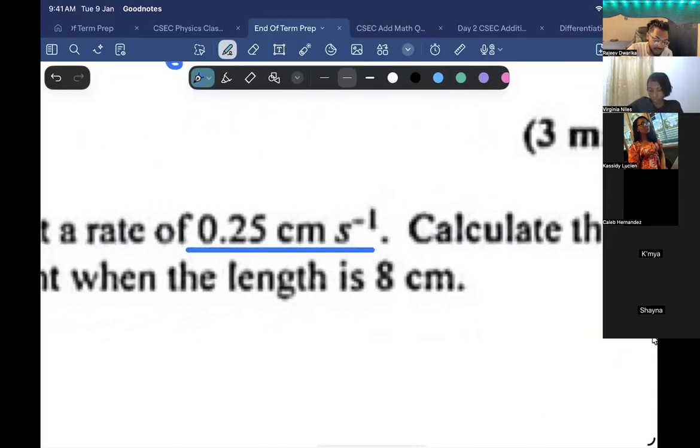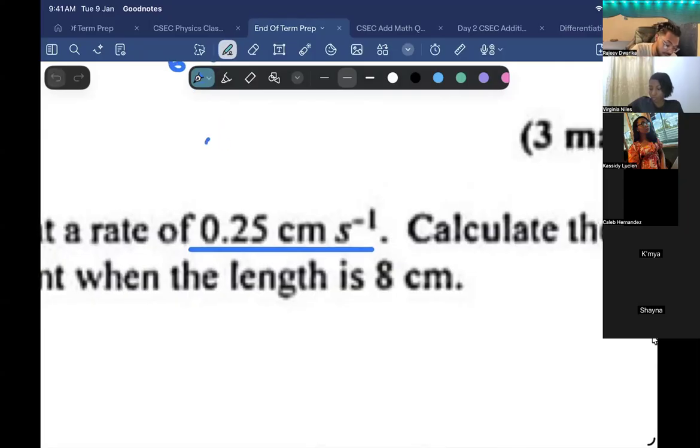And you can see it from the units. Centimeters is measuring the length of the cube. So this 0.25 is actually the change in length with respect to dt, change in time, and that is 0.25.